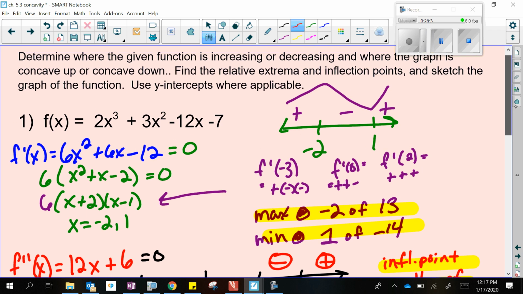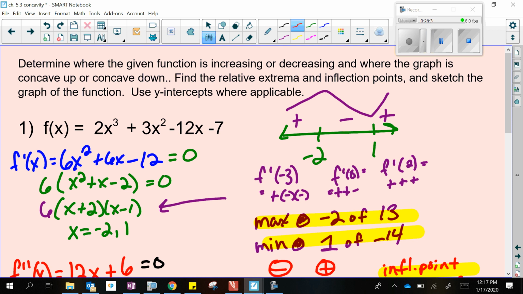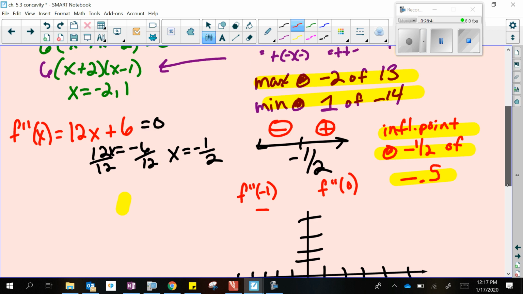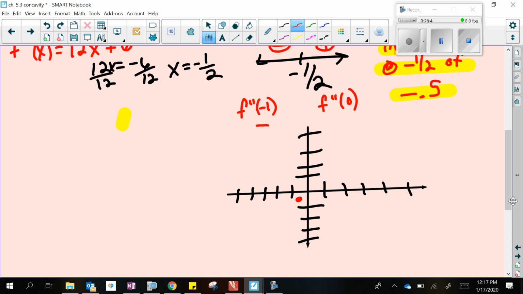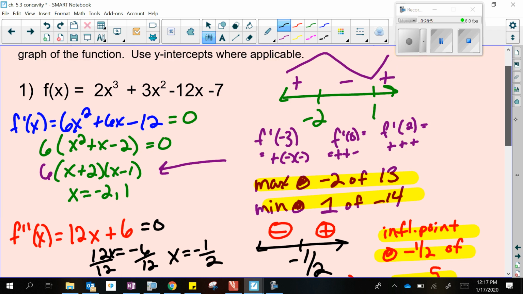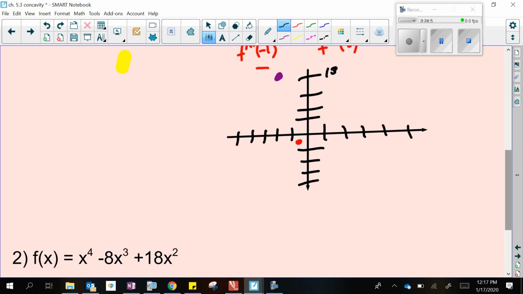I need a max at (-2, 13), so negative 2, and I'm just going to label this 13. And I have (1, -14), so I'm going to label this negative 14.